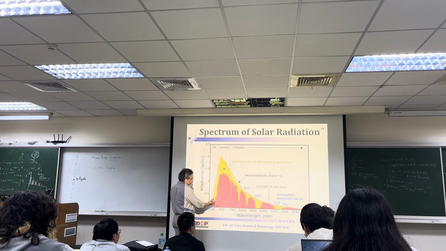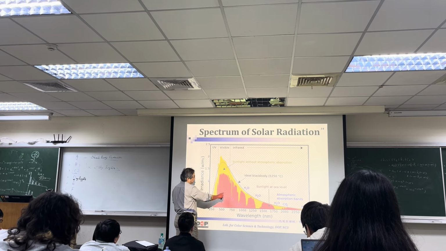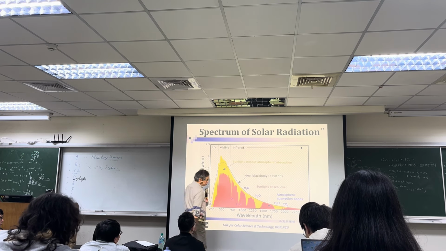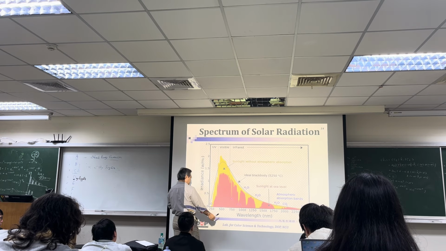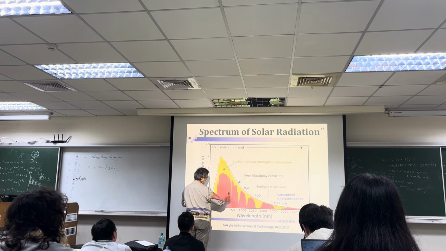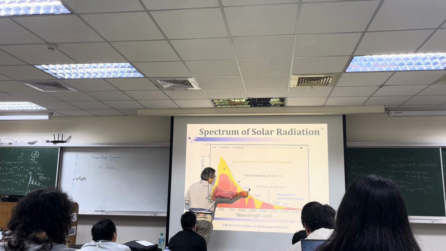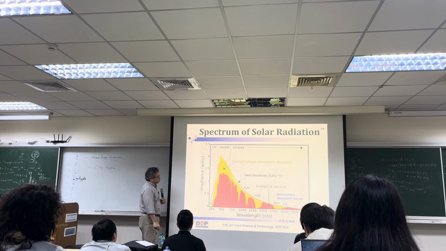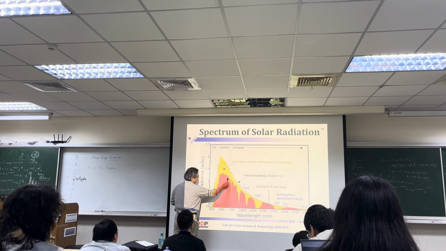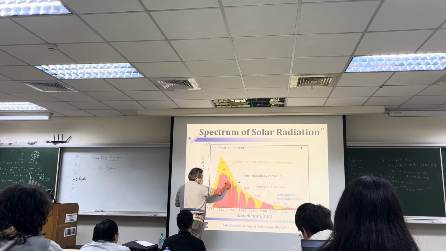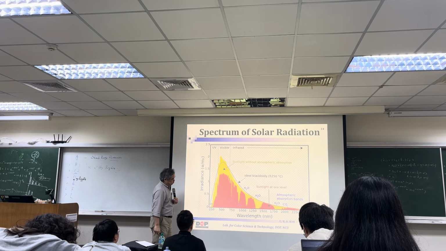For example, at about 680 nanometer, water molecules absorb the photon energy, so here you will see lower density because it is absorbed by the water molecule in the air.